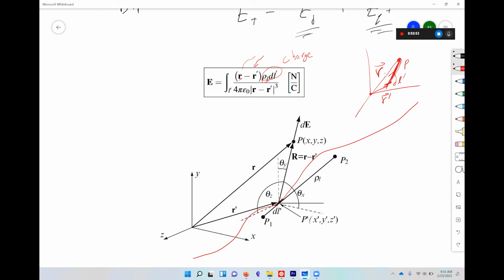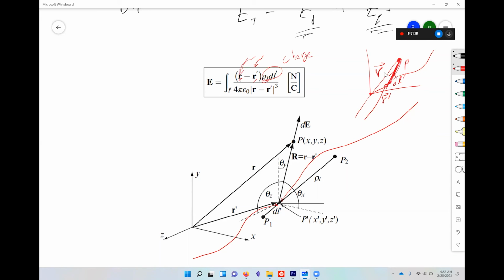It could be a wire where the charge density varies depending on your location. So what we can take in and out of the integral is going to vary, right? This might be a function of L prime. R prime is definitely going to change because as we're moving across the wire, we're going to different points in the wire.